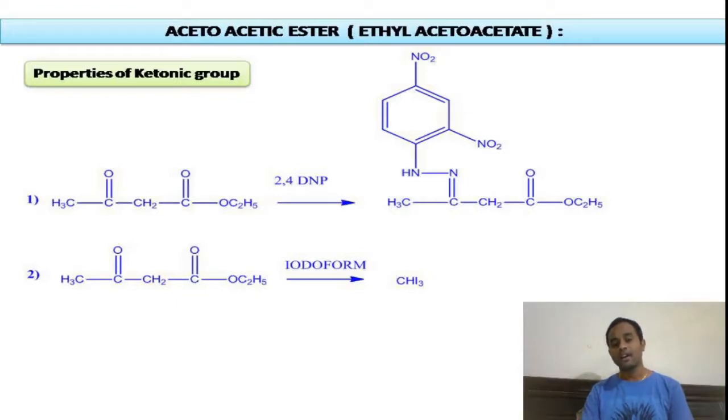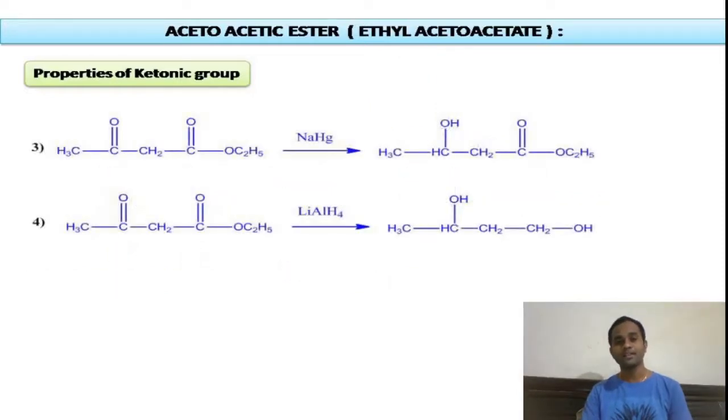So acetoacetic ester will also give the iodoform test to give a yellow colored precipitate. This test is used for the identification of alpha methyl keto groups in a given organic compound, right?